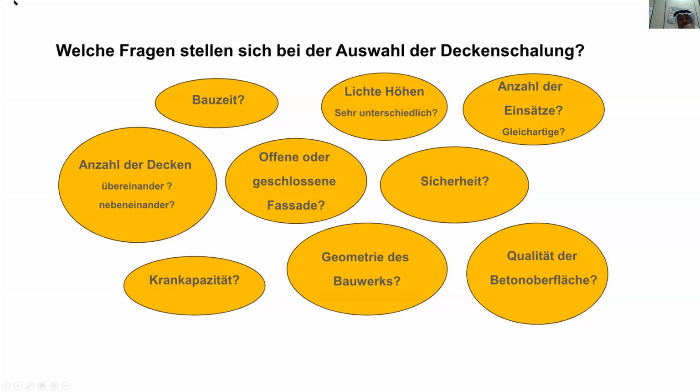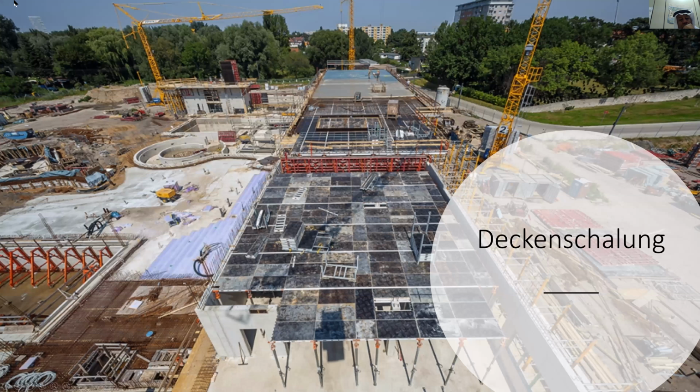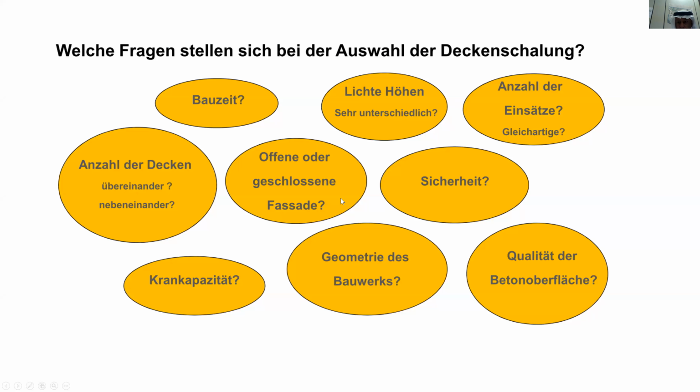Here we have a geometry, it's long and perpendicular. Otherwise, if I have a round geometry, it's a different topic. Then it's also interesting about the facade. If there is a concrete facade in place, it's also something else.